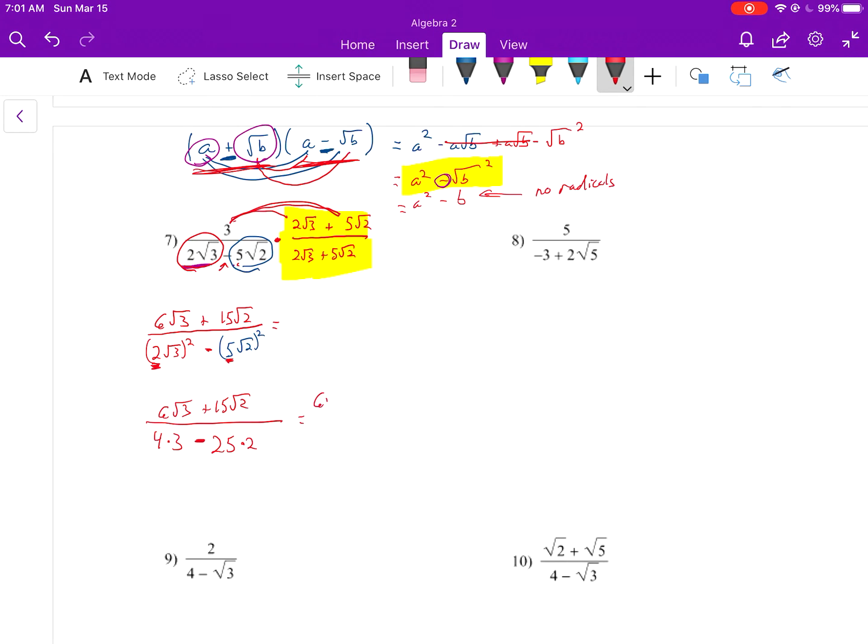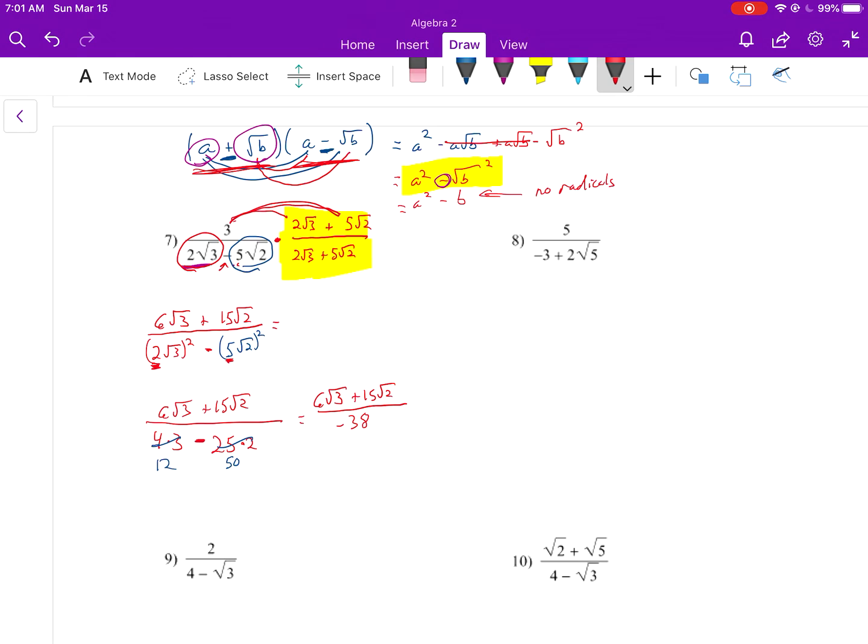So we have 6 root 3 plus 15 root 2 over, to save room I'm going to do this, this is 12 minus 50. 12 minus 50 is negative 38.